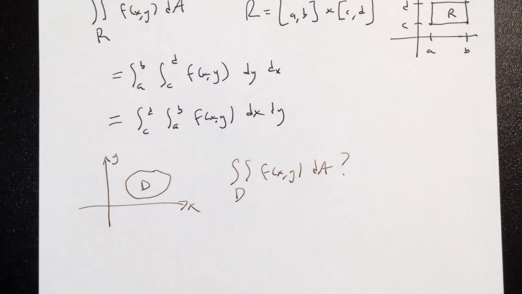So what I could do is embed this inside some rectangle. Maybe put a rectangle around the outside and a rectangle around on the inside and start doing comparisons. And I'm not sure that's a good idea because my function might not even be defined outside this particular region. So in order to do this, we have to have nice boundaries for D.